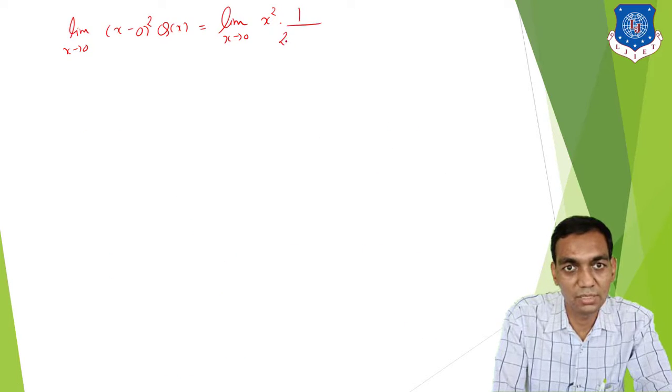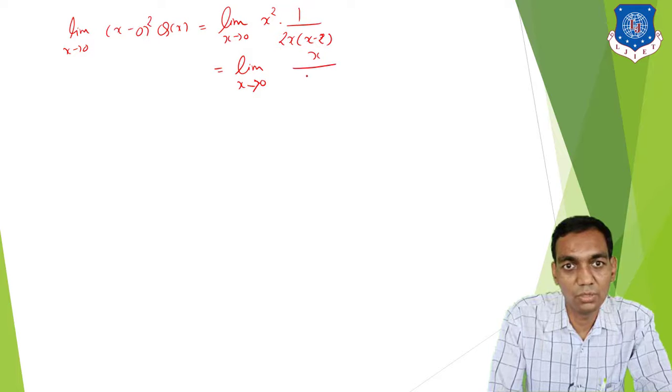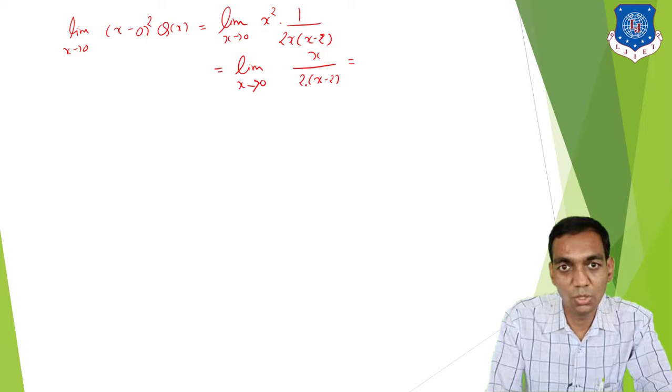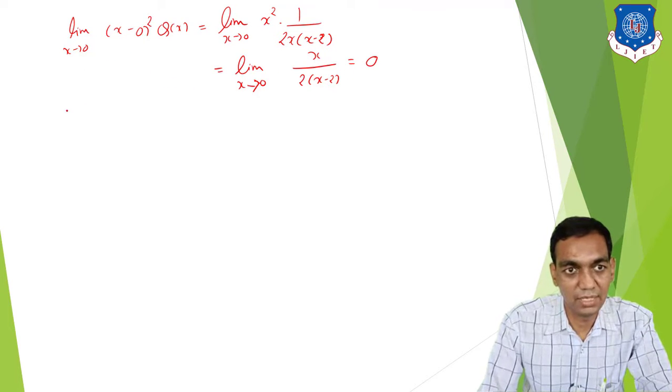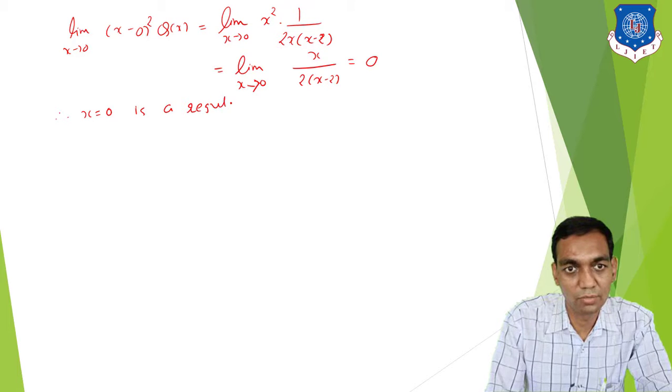So if you simplify, then you will have the limit x tends to 0 of x upon 2 into (x minus 2). If you put 0, then 0 upon minus 4, that will be 0. So both are finite and therefore x is equal to 0 is a regular singular point.